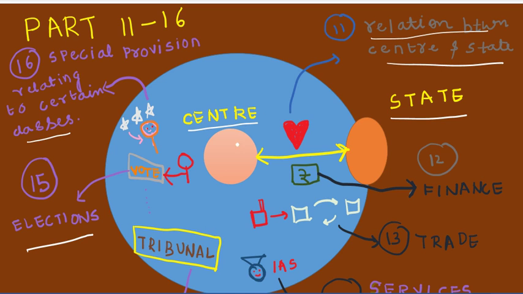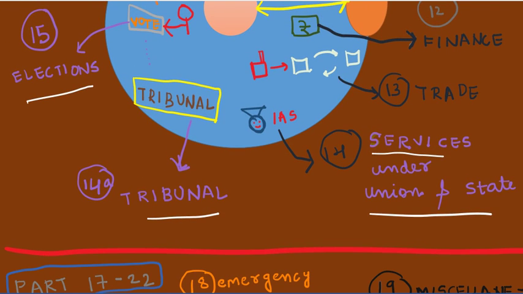That's it. Now again, to summarize, part 11 is nothing but the relation between center and state. I've shown this using a heart symbol. Then comes the finance, and then the trade. Then comes the services under state and central government, which I've written as IAS officer, and then tribunal, which is 14A itself.